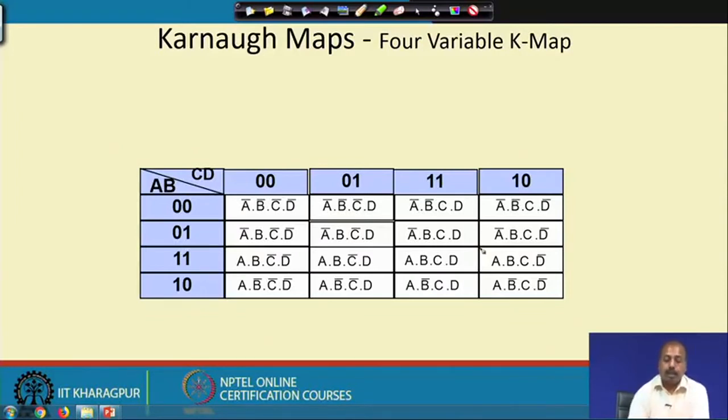Similarly on the column side, CD equal to 00 corresponds to the first column, CD equal to 01 corresponds to the second column, like that. So, you can understand the min terms of the 4 variable function are represented by different boxes in this 4 variable map.